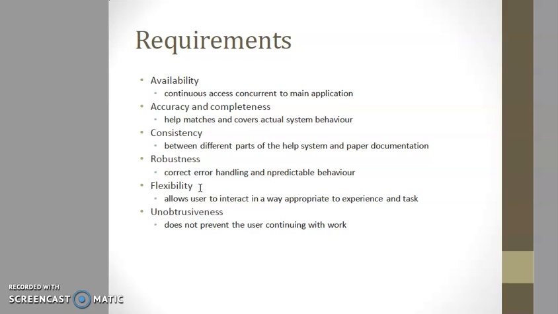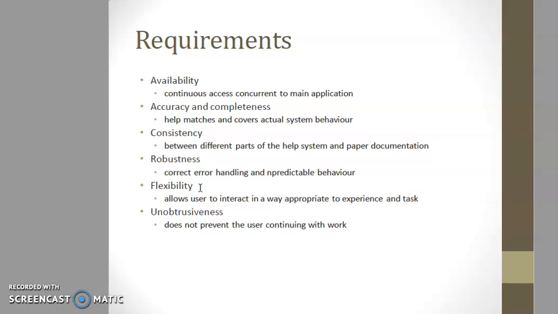The user should be able to rely on being able to get assistance when required. For these reasons, robustness is even more important for a help system than any other part of the system.